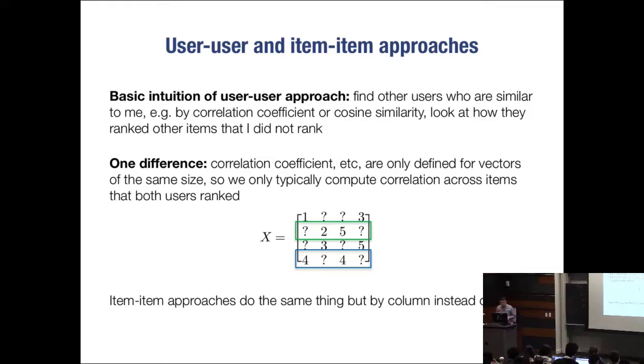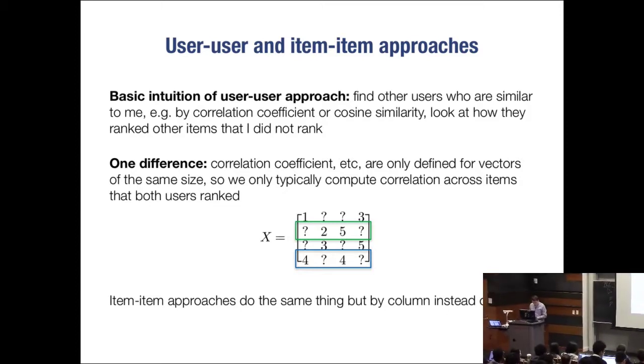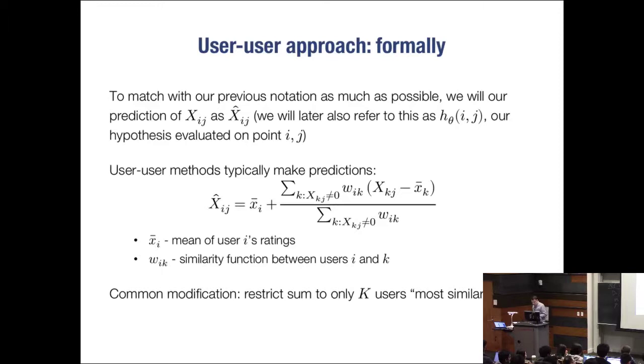So let's talk about this a little bit more formally now. I'll bring up the document for this. Okay, so in general, we're going to refer to our prediction on the ij element. It's typically going to be an element that's not observed in our data matrix, something we're trying to predict. We're going to predict it in the following way in user approaches.